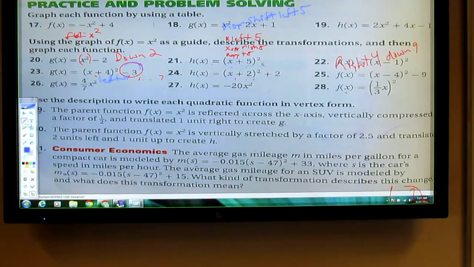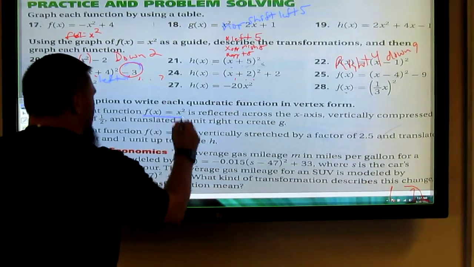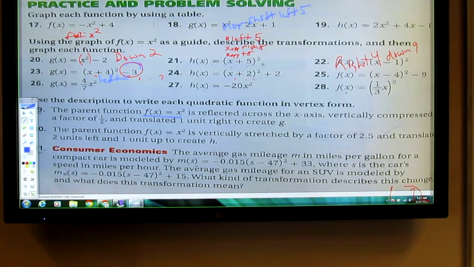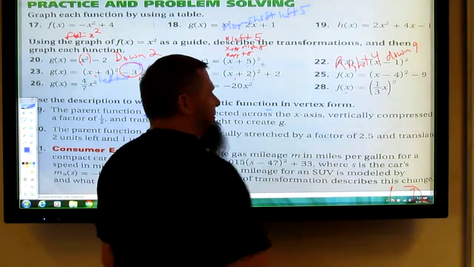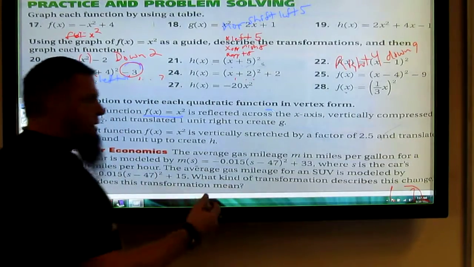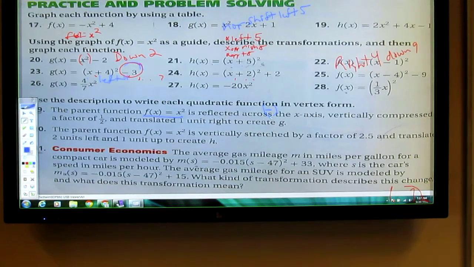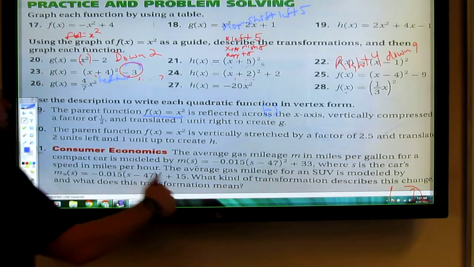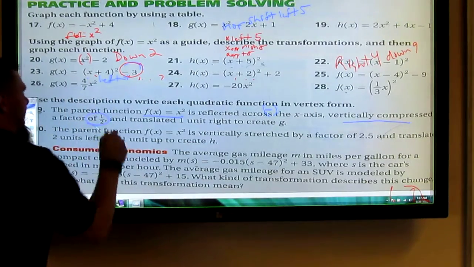Alright. So I've got the parent function of f of x is this: x squared. Okay. It's reflected across the x-axis, so that means it's negative. So we know that the first part's negative. The vertical compression means it's multiplied outside the box, right, of 1/2.